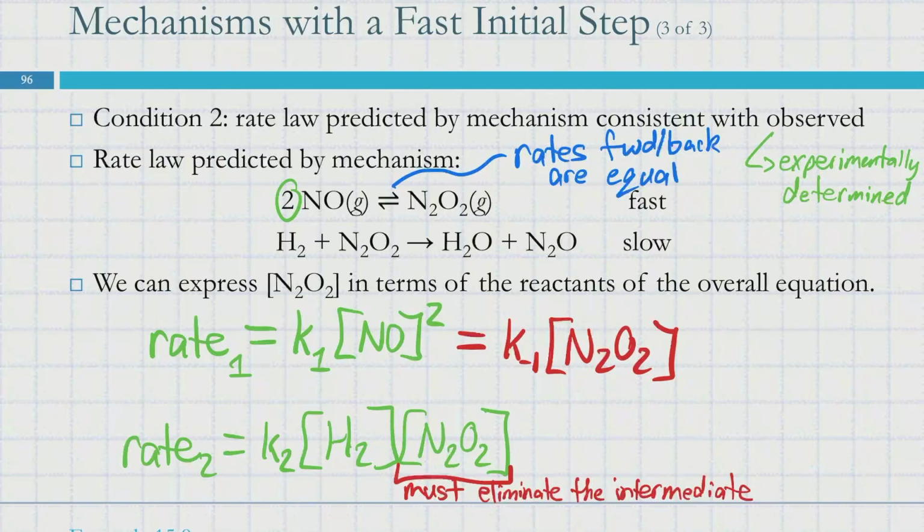So again, this is possible because we've got equilibrium, so our forward and backwards rates are equal, and that's how we get to draw in this equal sign. And then it's just algebra. So we can get this concentration of N2O2 by itself, and then plug in whatever that's equal to.